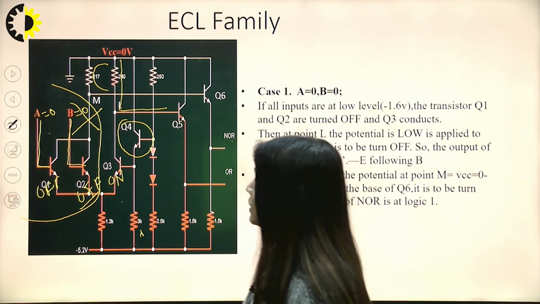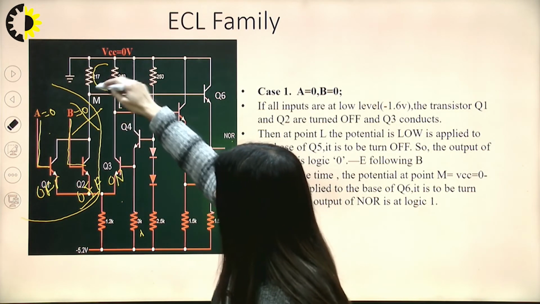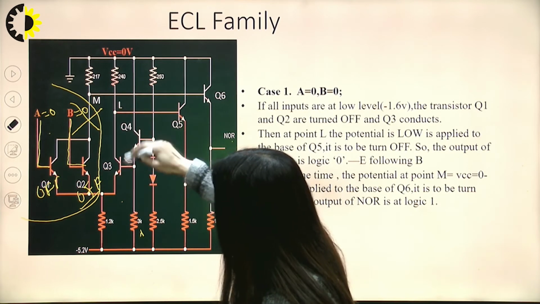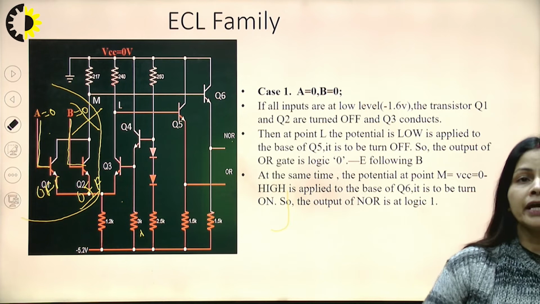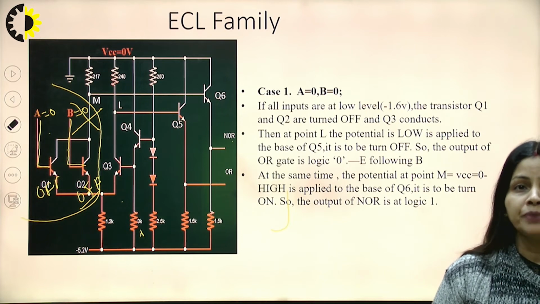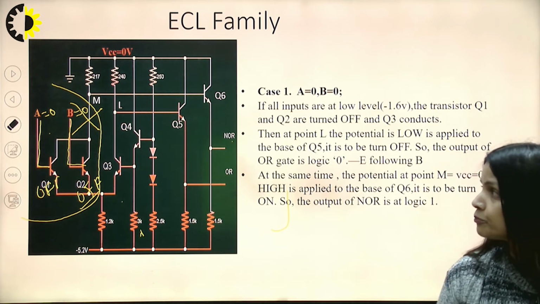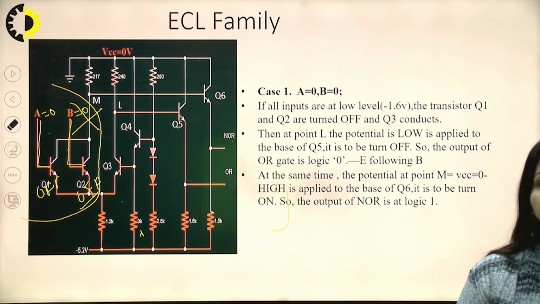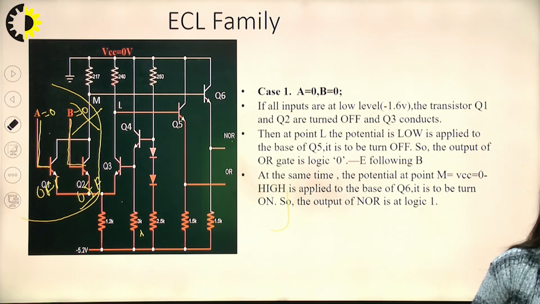Again we will start thinking about the position of this Q4 and Q3. So for A equal to 0 and B equal to 0, all the inputs here are at logic low, and if the inputs are at logic low, then transistors Q1 and Q2 are turned off and Q3 is conducting.